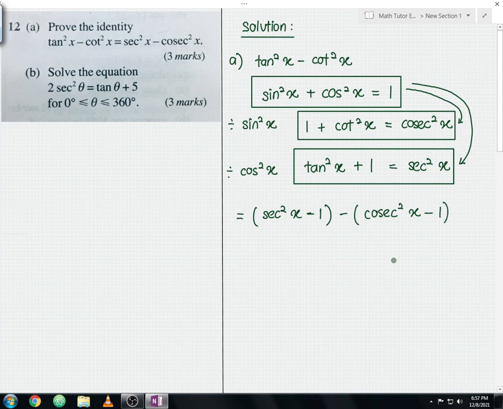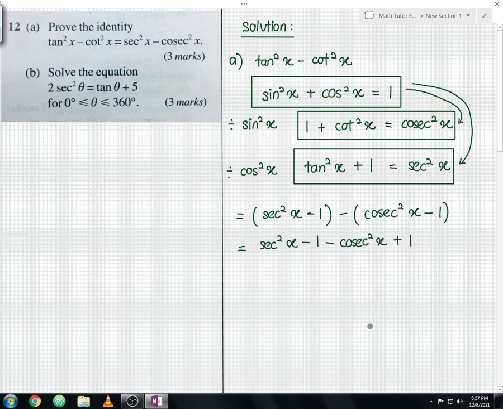For the next step, this negative you're going to multiply in. So from here you should get secant square x minus 1 minus cosecant square x plus 1.